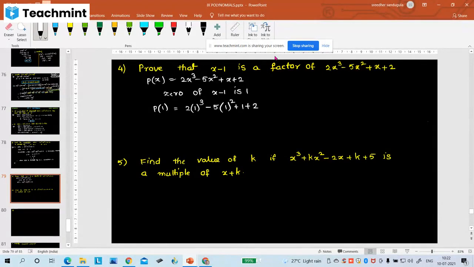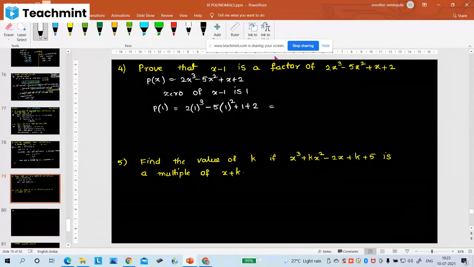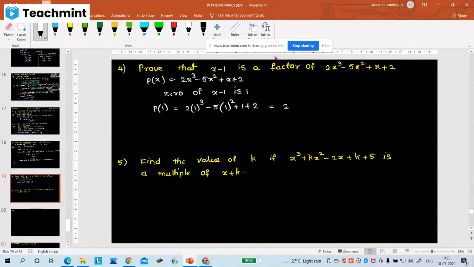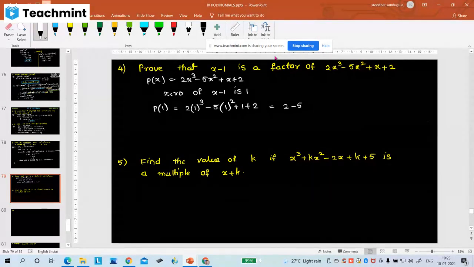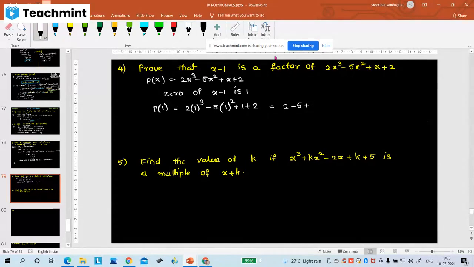We are going to prove that P of 1 equals 0. So that implies 2 into 1 cube, you get 2, because 1 cube is 1, and 1 into 2 is 2, minus 5 into 1 square, you get 5, minus 5, plus 1 plus 2, that is plus 3. That implies you get 2 plus 3, 5, 5 minus 5, 0.